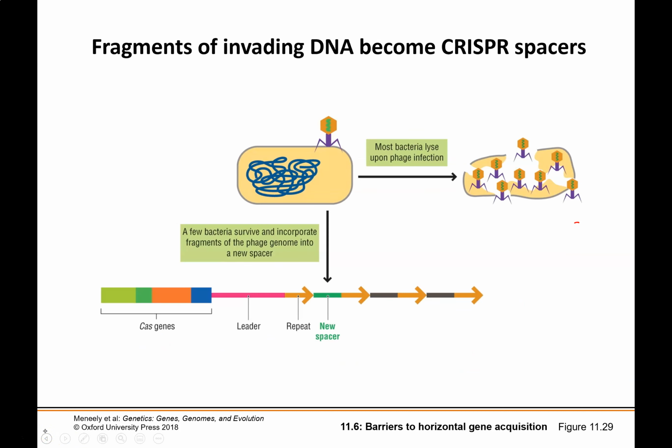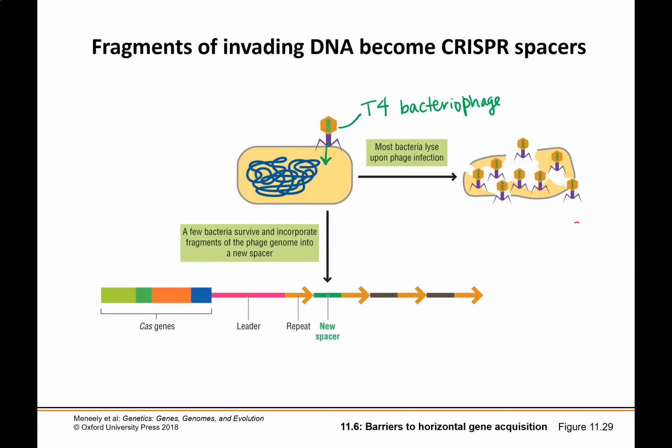So here's a drawing from our book that shows this process. So we have a viral infection. That virus is going to inject its DNA. You might remember from our transformation lecture, this is something similar to, or actually the T4 bacteriophage, with its unique shape.